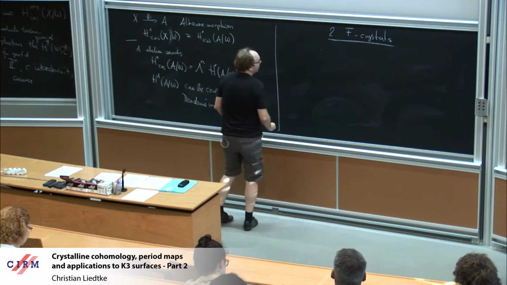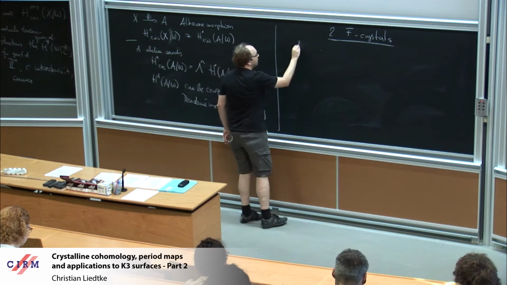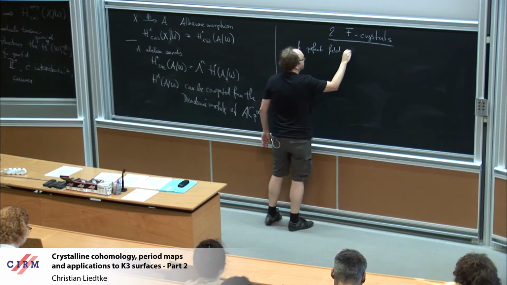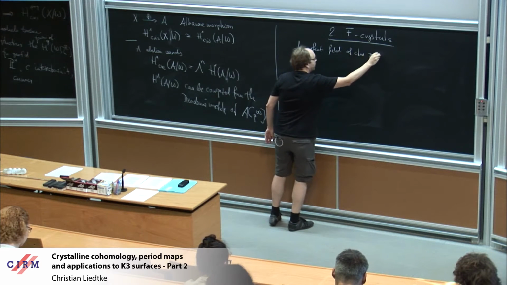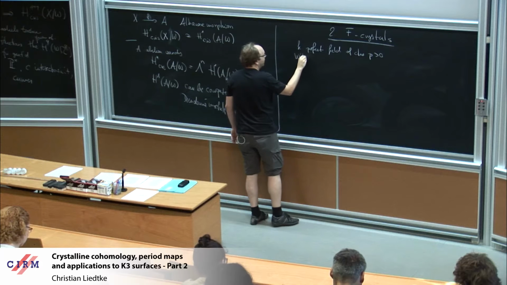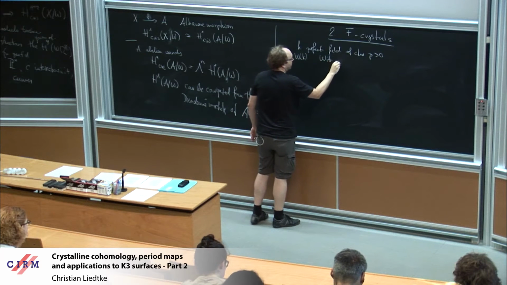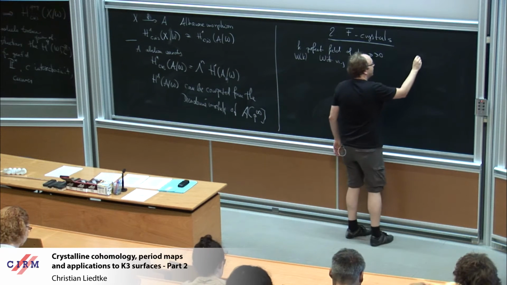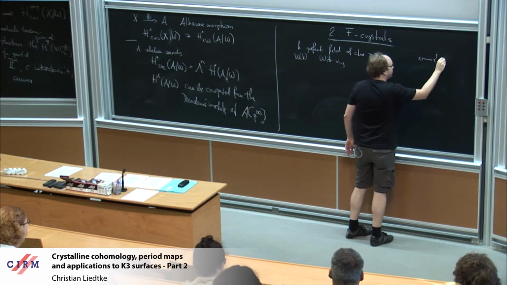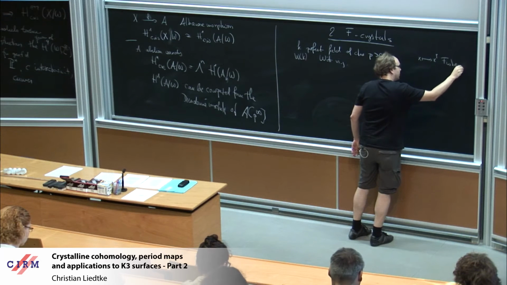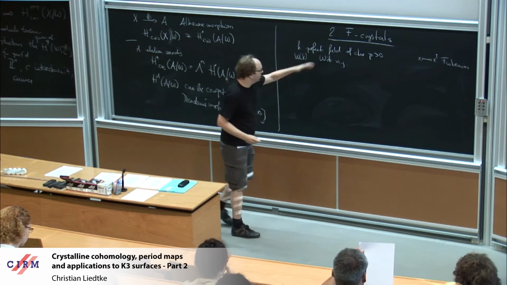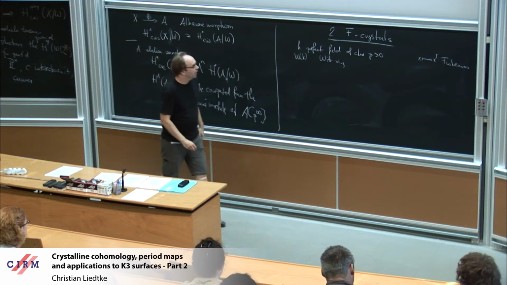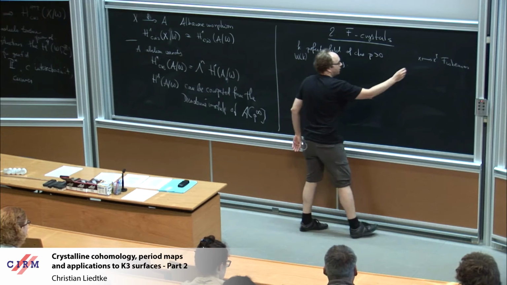So the setup is as follows. You have K, a perfect field of characteristic p. You have the Witt ring. Now, on a perfect field, you have the Frobenius map, x goes to x to the p. By functoriality, since the Witt ring is functorial in K, you get an induced map, also called Frobenius, on the Witt ring.